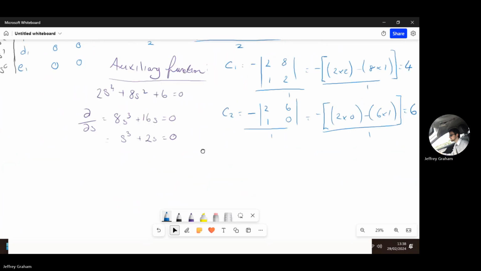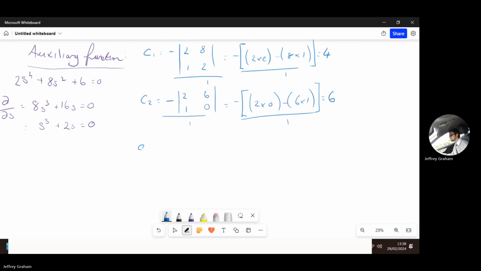Right, D1 is 1, 2, 4, 6, all over 4. Right, so we've got 6, take away 8, which is -2.